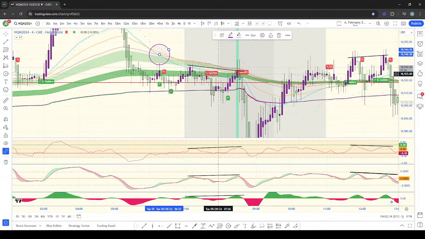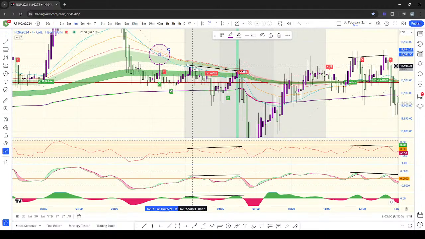I like to get in with the golden signals and also spotting divergences. Not exactly the golden signals per se. It can be a slingshot signal or just a regular reversal signal right here. But right here was really nice because you were moving with the trend.